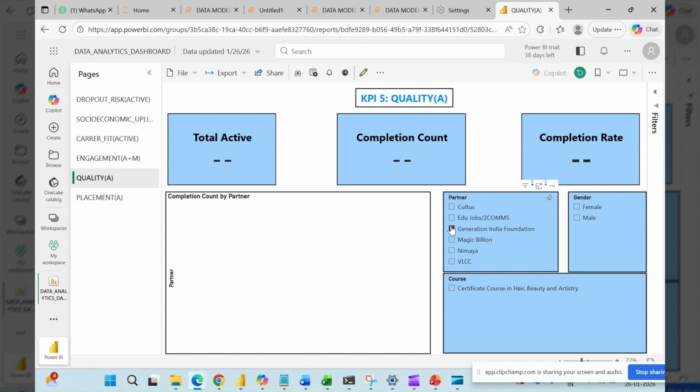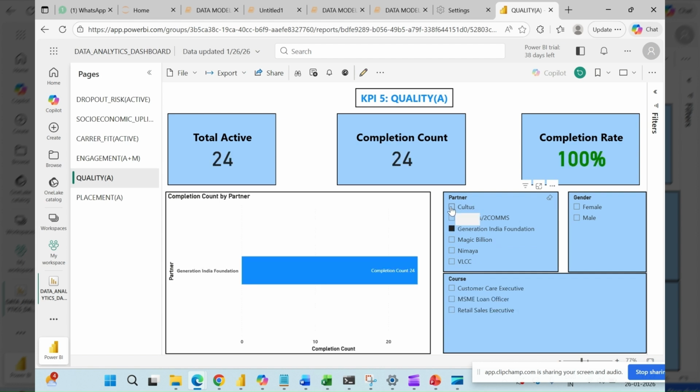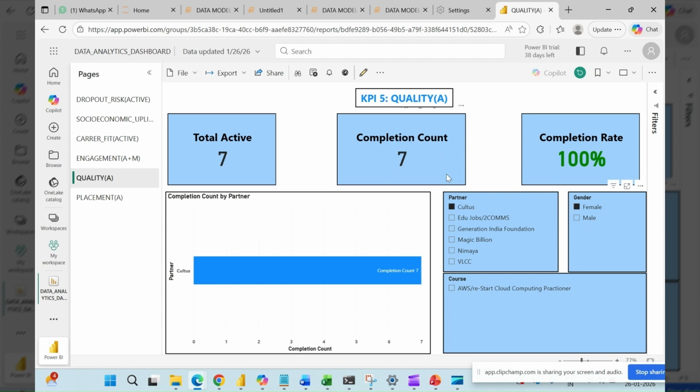GIF we know completed, 24 of 24, completion rate 100%. And similarly, if I click Cultus, then 26, completion rate is 100%. We can also use the gender filter if we want to know the gender breakdown. So this is all about these filters.